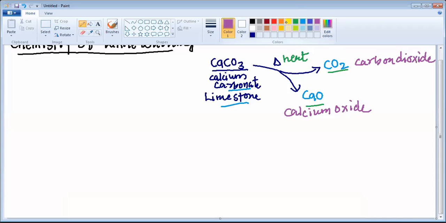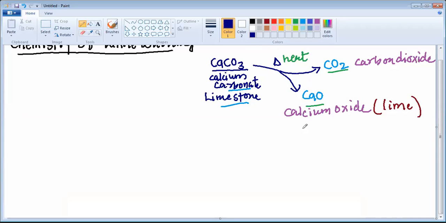Dear students, this calcium oxide is also known as lime. So this is what happens when we heat the calcium carbonate, we get calcium oxide and carbon dioxide.